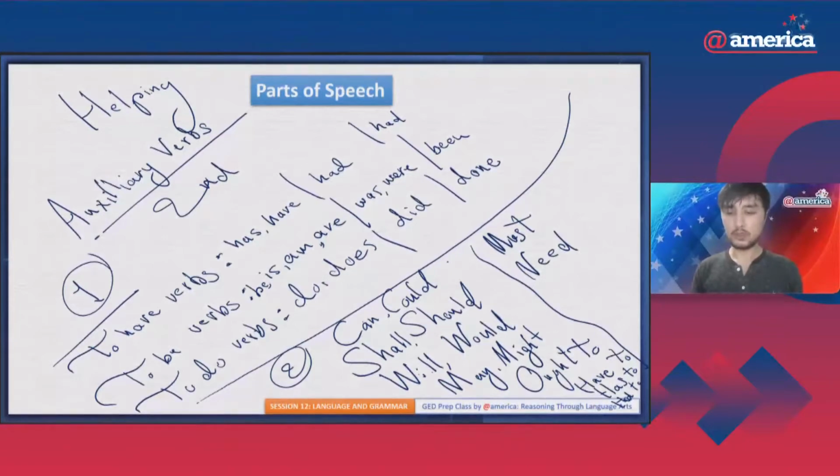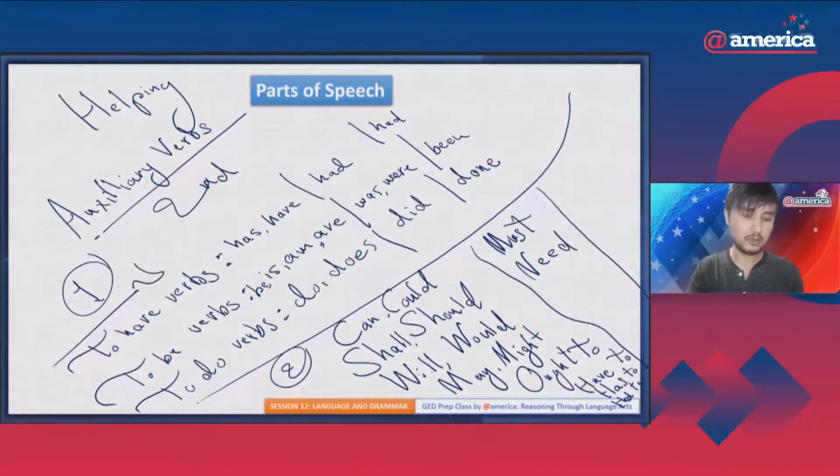So can, could, shall, should, will, would, may, might, ought to, have to, has to, had to. They're all auxiliary verbs. So these are usually called principal auxiliary verbs, and this group is called modal auxiliary verbs, and the last one I have forgotten the name.